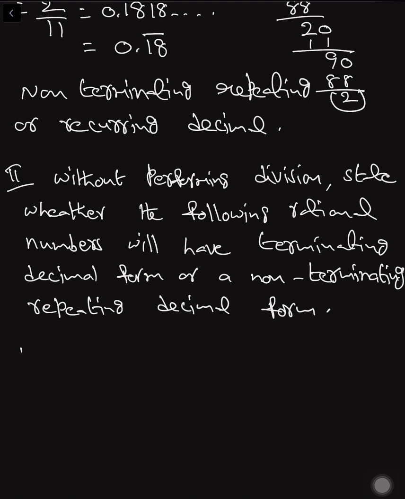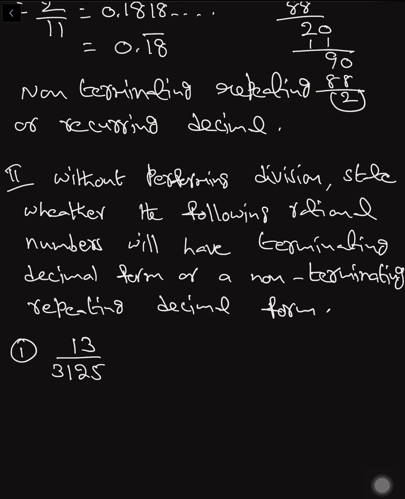First one, 13 by 3125. It is a rational number. It is in the form of p by q. Now we can justify whether this number is a terminating decimal or non-terminating decimal without performing division.